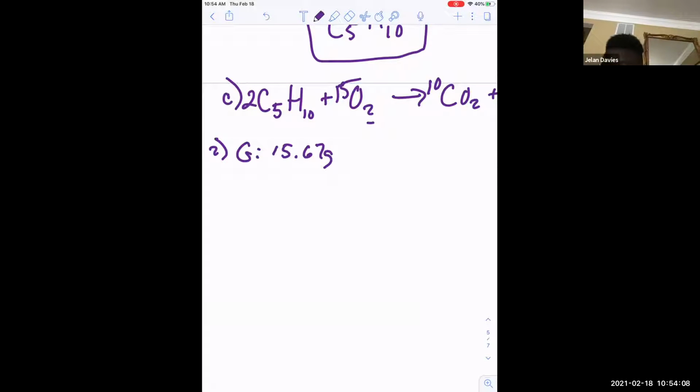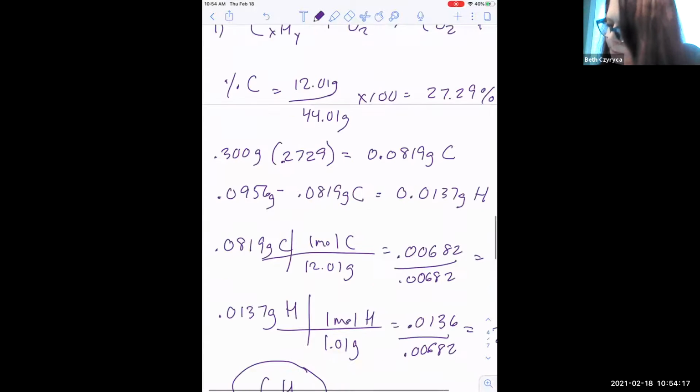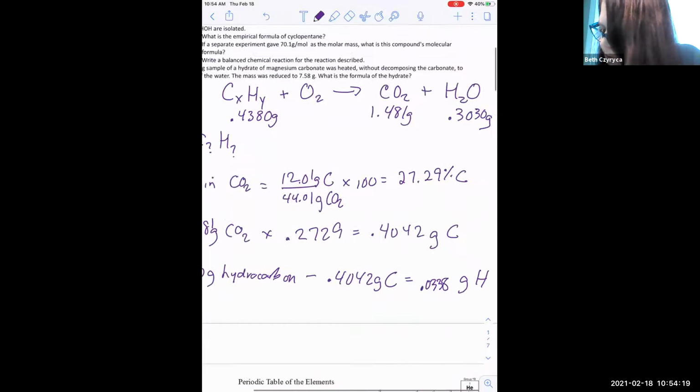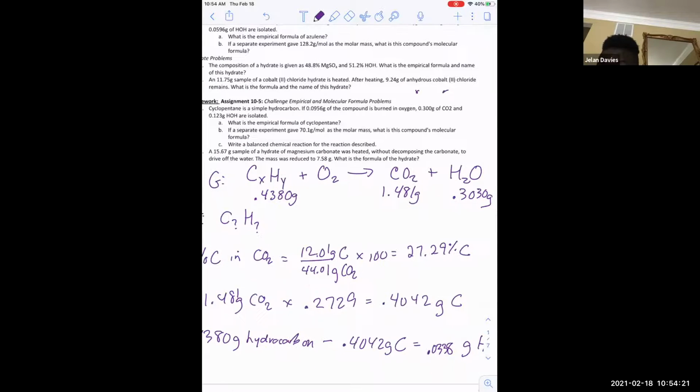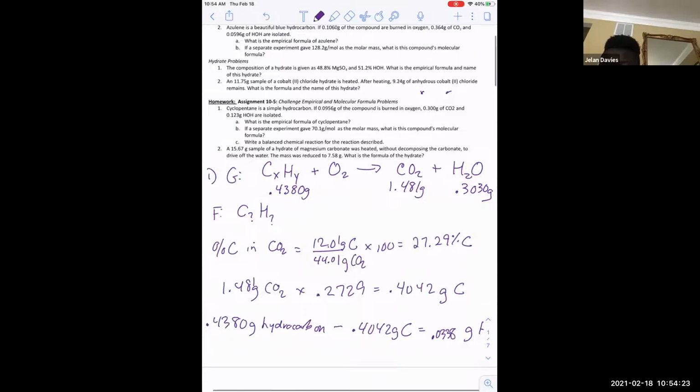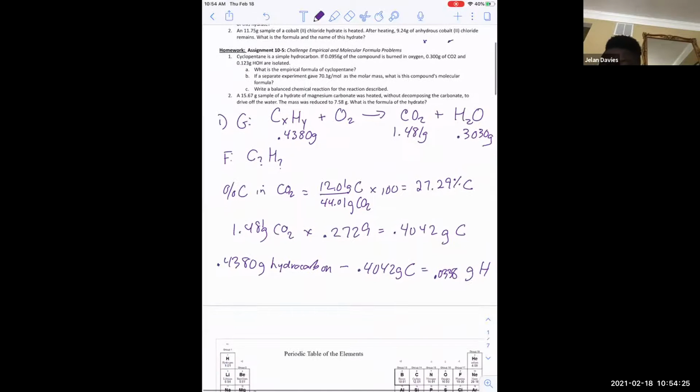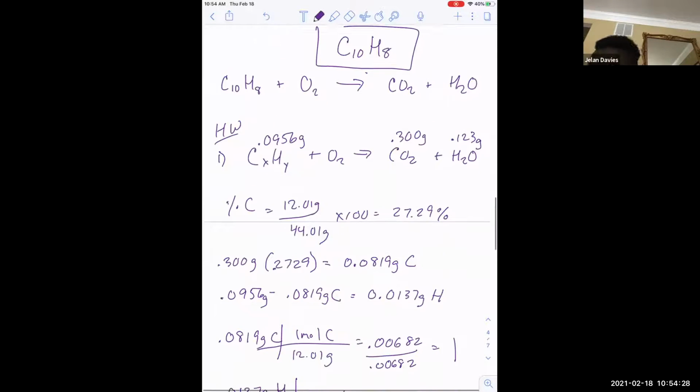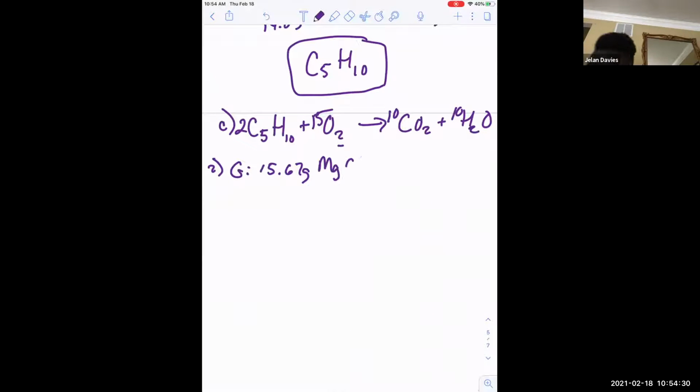The formula for magnesium carbonate in the problem. The mass was reduced to 7.58.